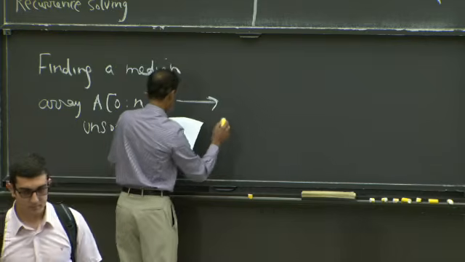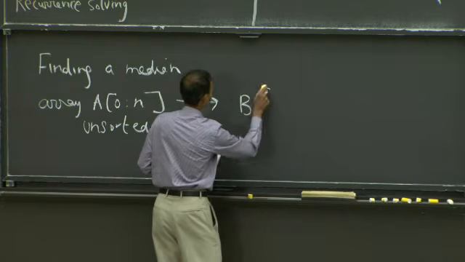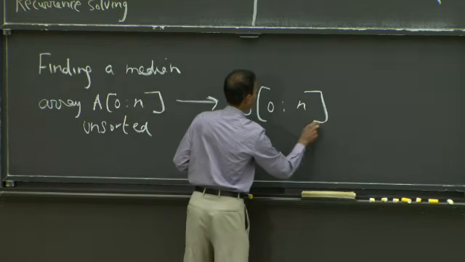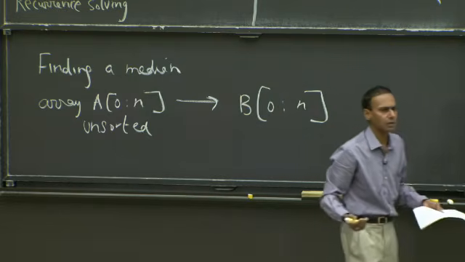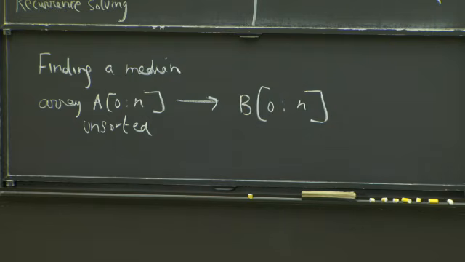When you sort, you turn this into B[0 through n], where if it's just numbers, then you may sort them in increasing order or decreasing order. Let's just call it increasing order for now.